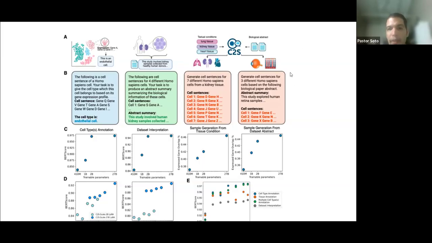You can also generate cell sentences for different Homo sapiens cells based on a biological paper abstract, and they generate different cell sentences for different variations of what is being asked. As you can see, they test everything with the BERT score and training parameters. I think the most important thing from this finding is that they will scale with large language models.